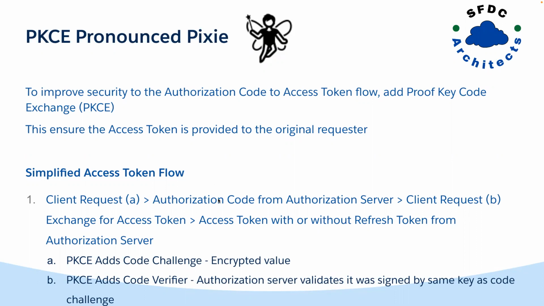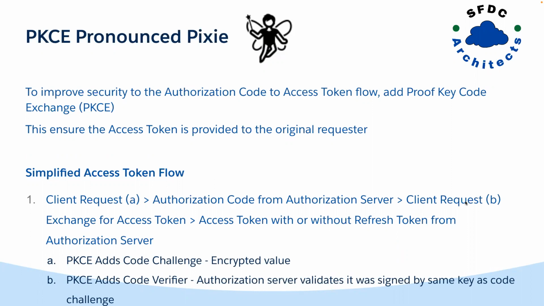One is the authorization endpoint for the code, and then one is the token endpoint for your access token. Then the authorization server will reply back always with the access token, but with or without the refresh token. So this is the basic flow. That's the ball going back and forth between the client and the authorization server.